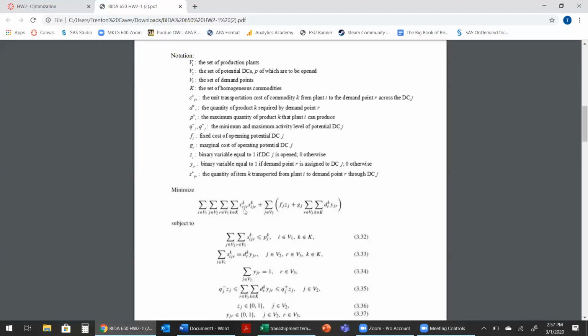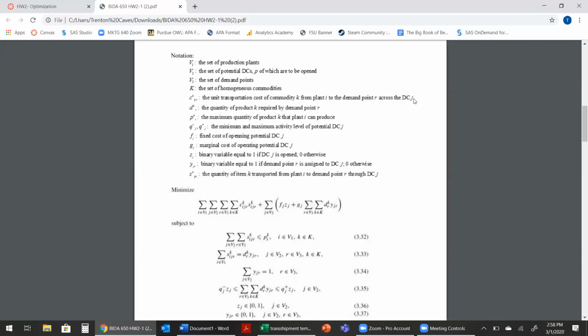The next symbol in our objective function, C sub ijr to the k, is the next one in our notation. It says C ijrk is the unit transportation cost of commodity k from plant i to the demand point r across the DC j.